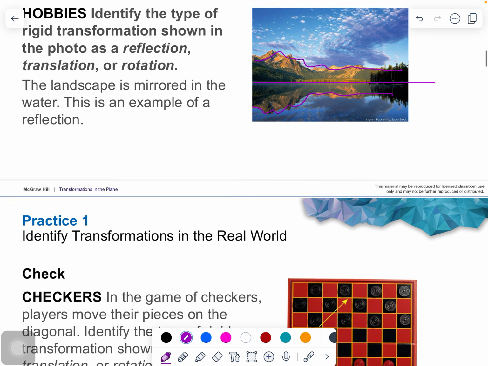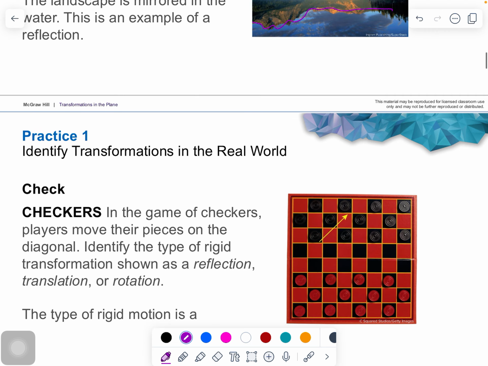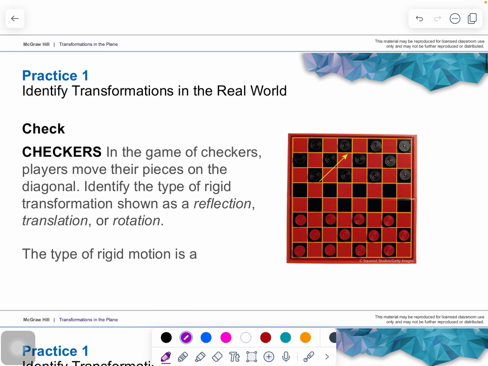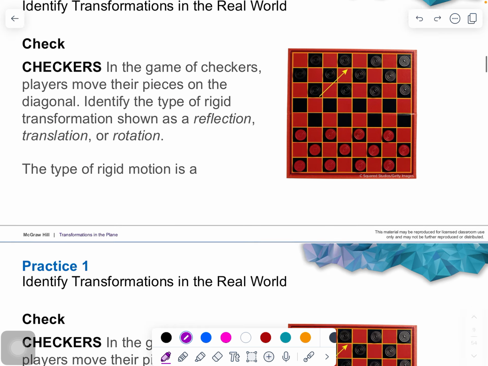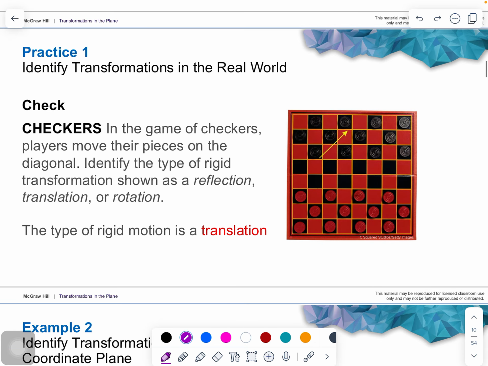In checkers, people move their pieces in a diagonal. Is that a reflection, a translation, or a rotation by your understanding? Go ahead and circle it. Hopefully you circled that it was a translation. Definitely translating it, sliding your piece.